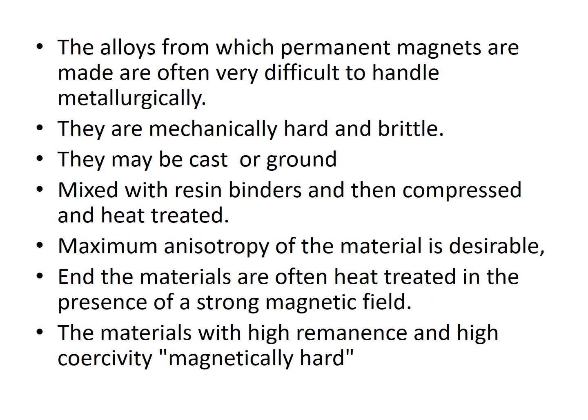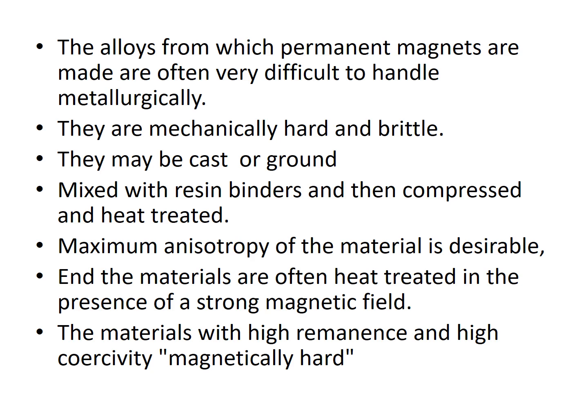The alloys from which permanent magnets are made are often very difficult to handle metallurgically. They are mechanically hard and brittle. They may be cast and then ground into shapes, or even ground to a powder and formed. From powders, they may be mixed with resin binders and then compressed and heat treated.